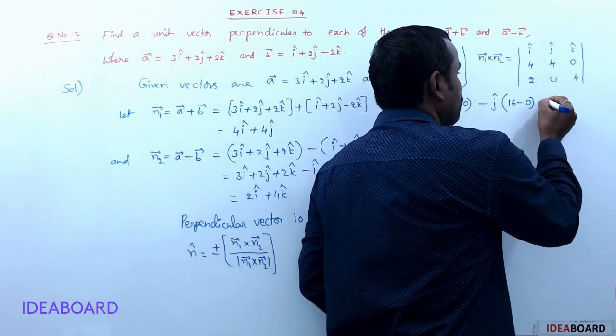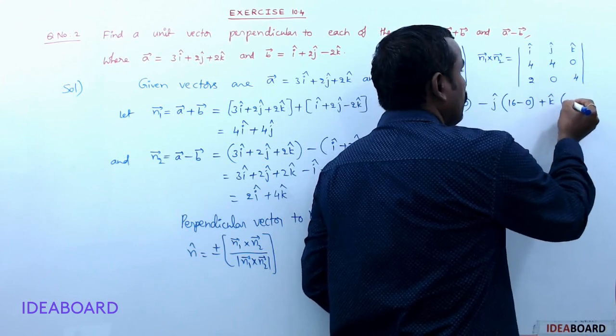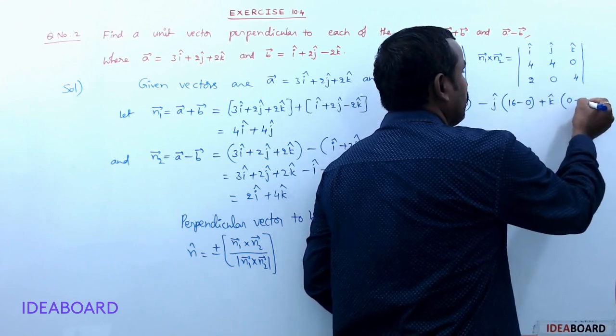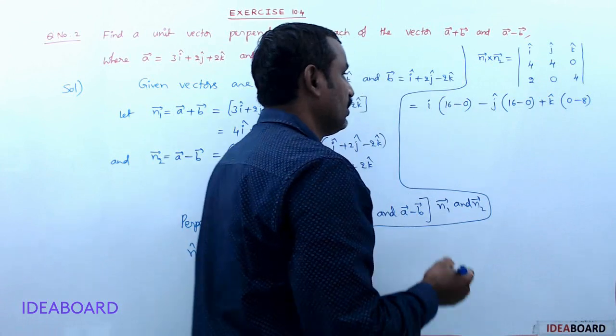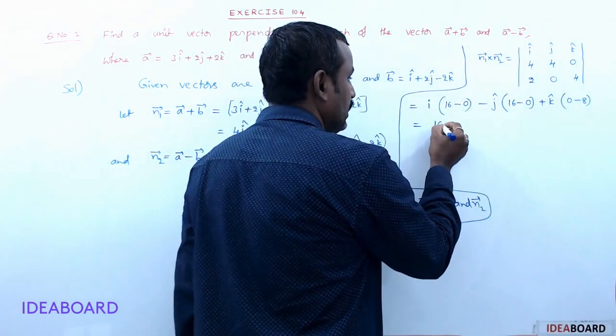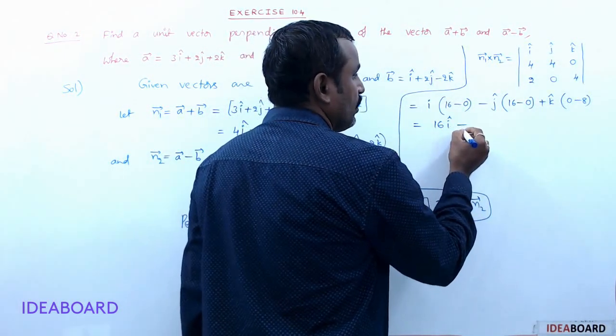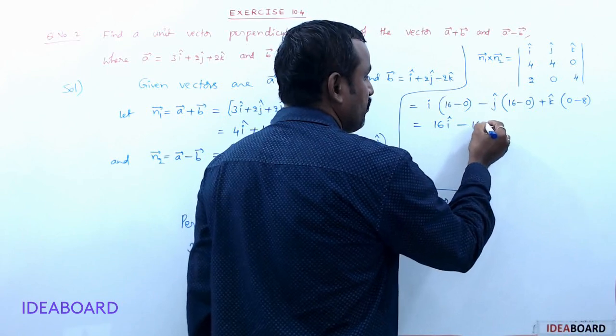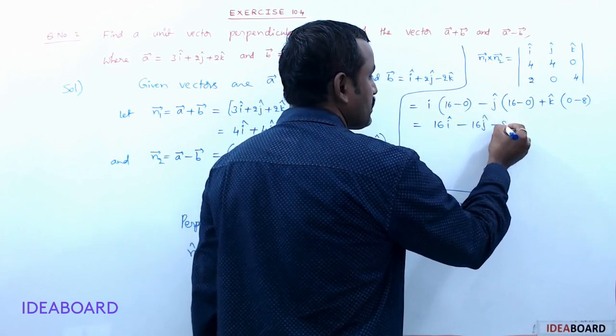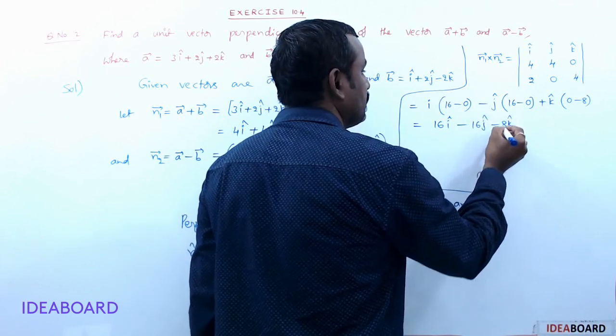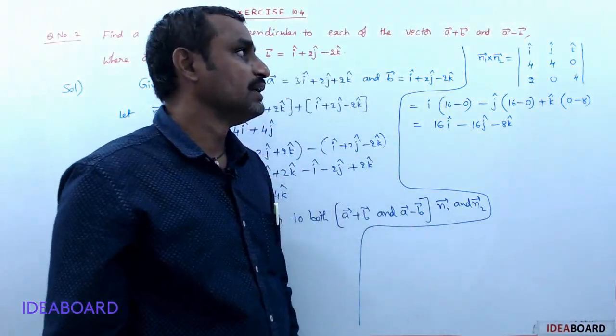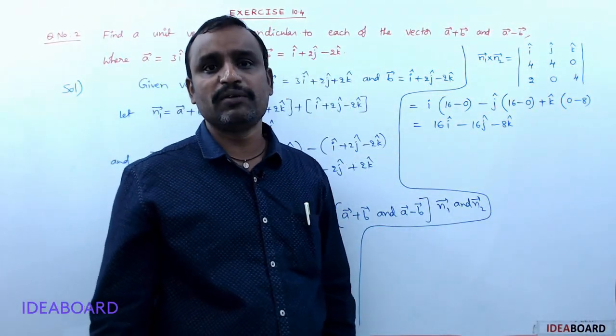Next plus K cap of 0 minus 8. So this is equal to 16 I cap minus 16 J cap minus 8 K cap. This is the n1 bar cross n2 bar vector.